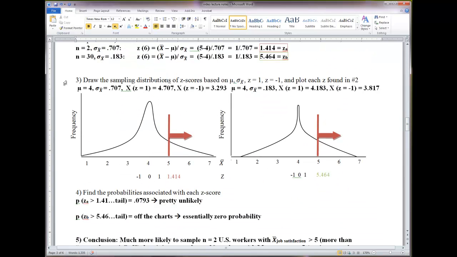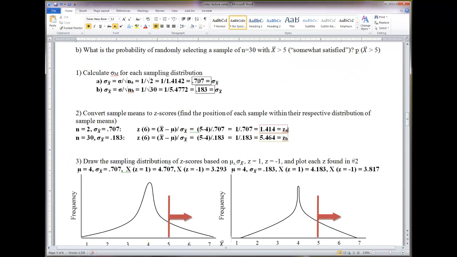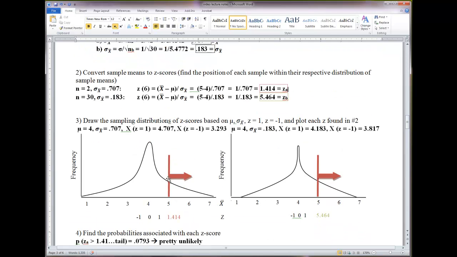So if you plotted in step 3 your sampling distributions and you plotted them accurately, you would see that this first distribution is a little bit fatter, so the points of inflection come a little bit farther apart because we have, if you look here, more standard error. So more spread in our means.